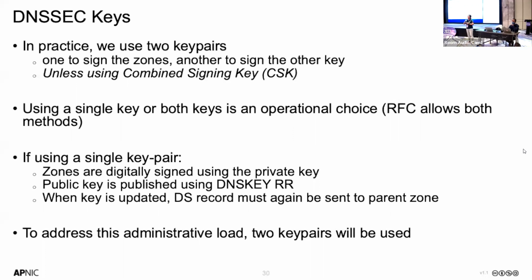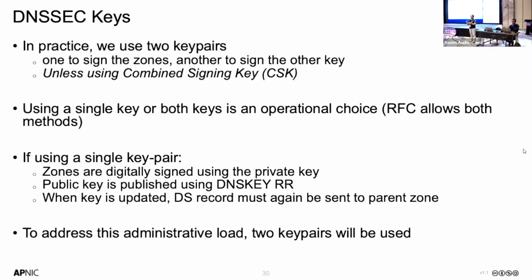And if each of the subdomains will have to, every month or every few years, go back to the parent zone, to the TLD, because they have new keys, then again, it will be an administrative nightmare. So one thing that is being done is to use two keys. One to sign the records.